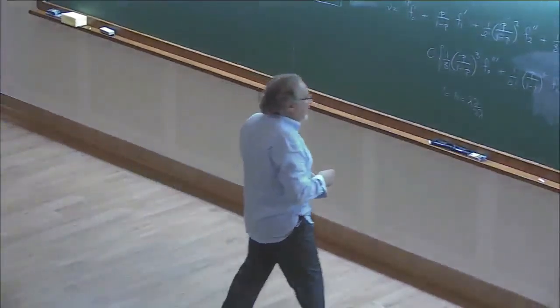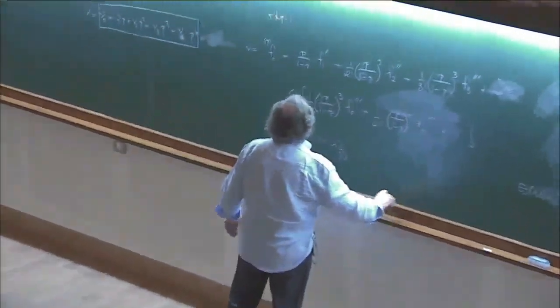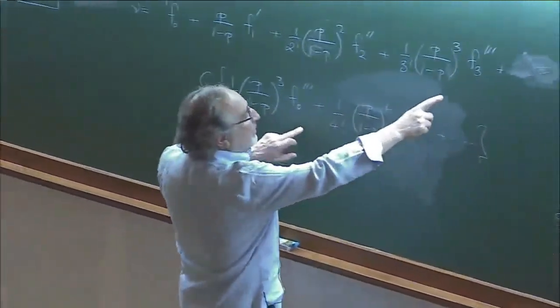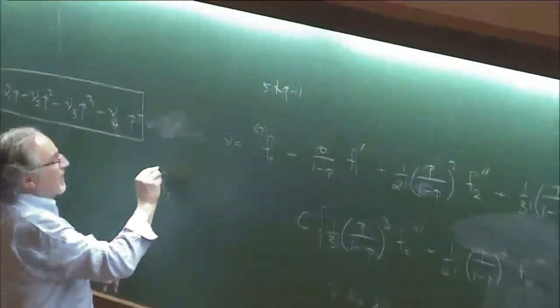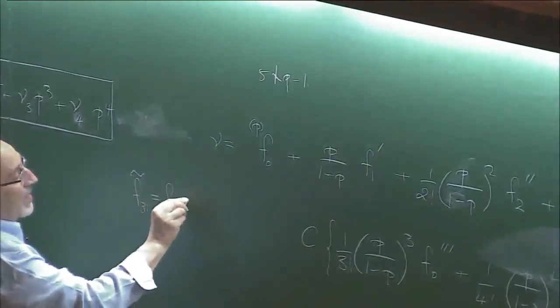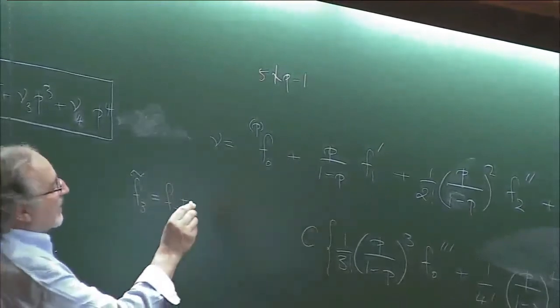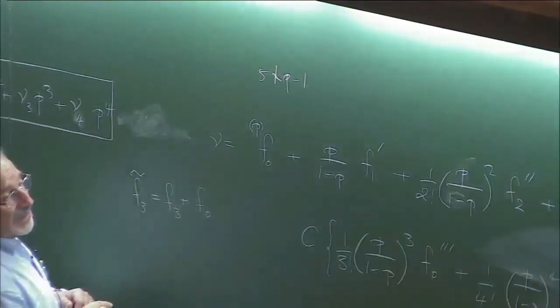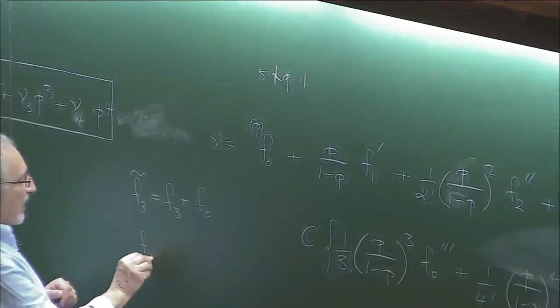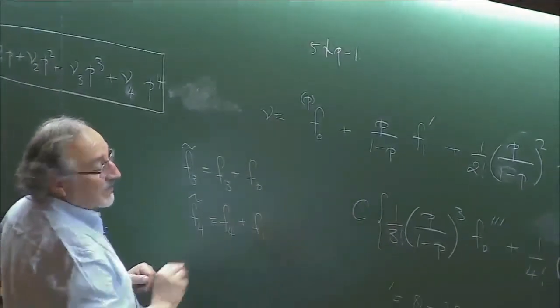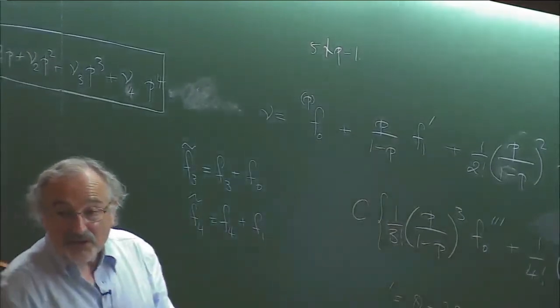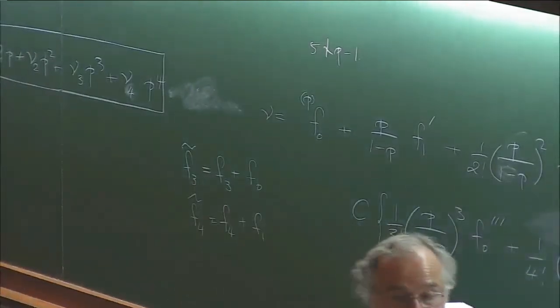So this is a change of basis. Somewhere this is telling me I'm in the wrong basis, that I need an F3 twiddle, which is F3 plus a certain number times F0 basically. And in fact, I need an F4 twiddle, which is F4 plus F1. So there's a change of basis.